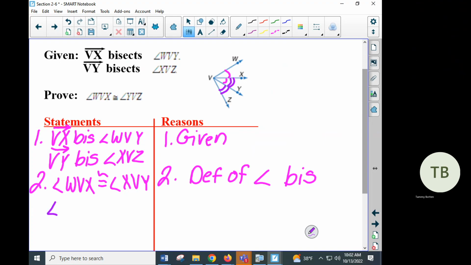So I'm going to say angle XBY is congruent to, and then this angle, notice I could say YBZ, which is actually how they did it, or I could say ZBY. And they said YBZ, so I'm going to leave it like that.